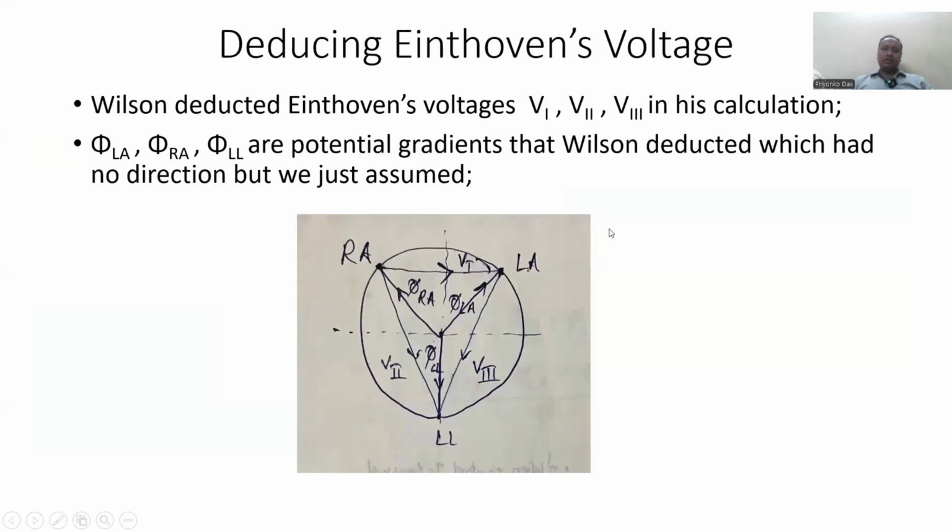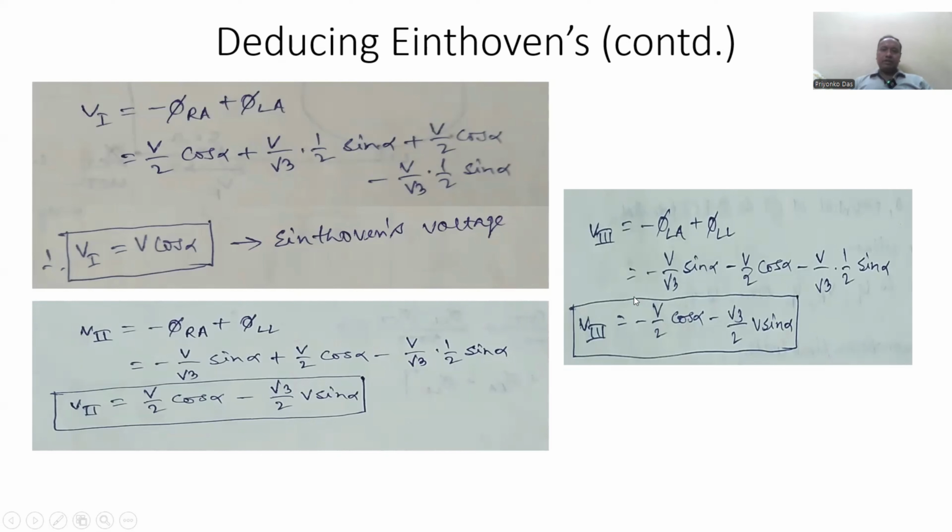Similarly, from the third triangle, which consists of LA, LL, and the origin, as per the vector addition law, φLA plus V3 is equal to φLL. So V3 is equal to minus of φLA plus φLL. After replacing the values of φLA and φLL and simplifying, we got V3 is equal to minus V by 2 cos alpha minus root 3 by 2 V sin alpha.